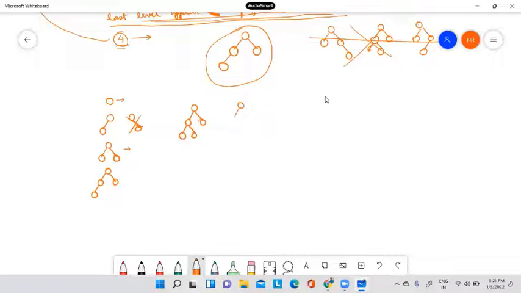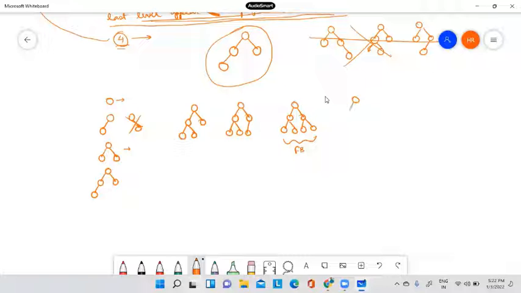Then a 6 node complete binary tree will be like this, as far left as possible. I cannot add this on this side, otherwise it is not a complete binary tree. First I have to fill the left child, then I will go for the right child. Then the next one with 7 nodes is a 7 node complete binary tree, and again it becomes a full binary tree.